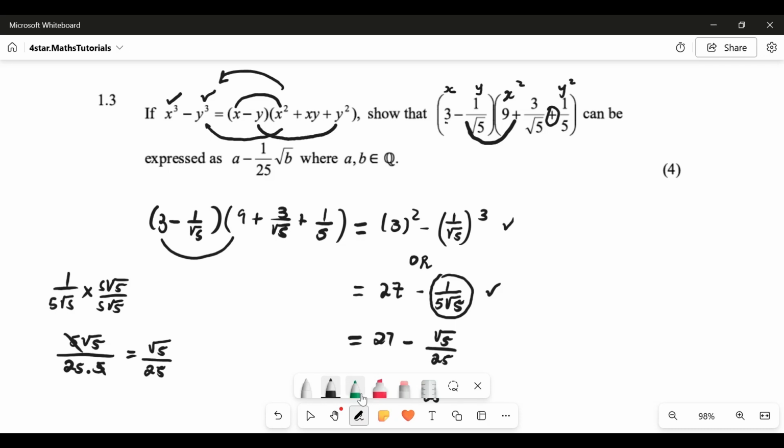The value of A is 27, and the value of B is 5. And we were told that A and B are elements of the rational numbers. So A and B are rational numbers. Great stuff.